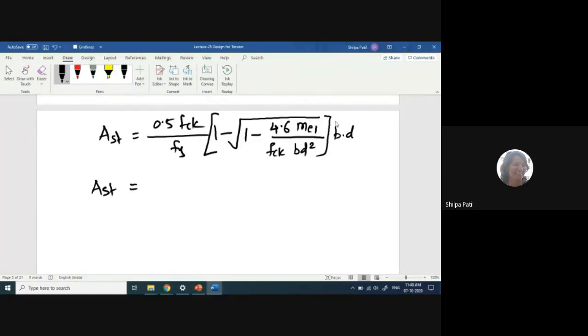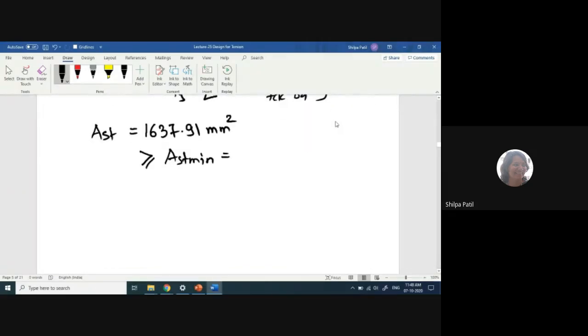1637.91 mm square. 1637.91 mm square. Okay. Compare this with AST minimum and AST maximum. Tell me the value of both minimum and maximum value.